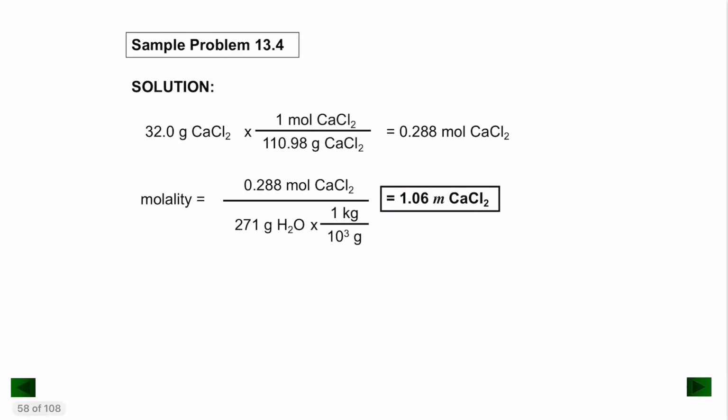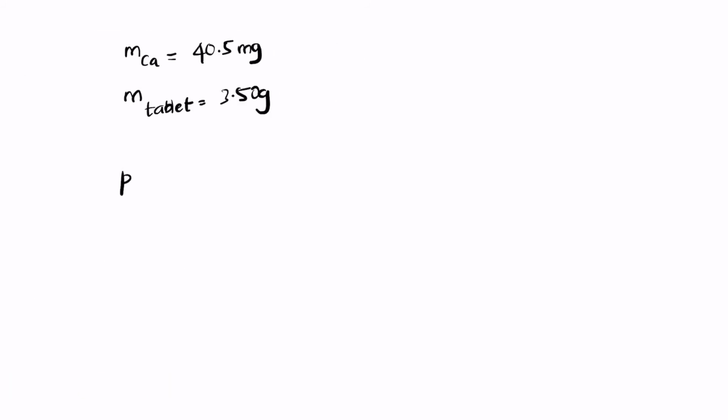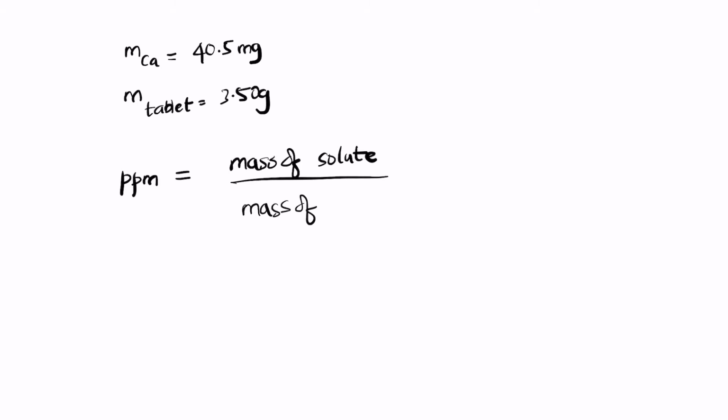Parts by mass, parts per million, is given by the mass of solute by the mass of solution times 10 to the power 6.